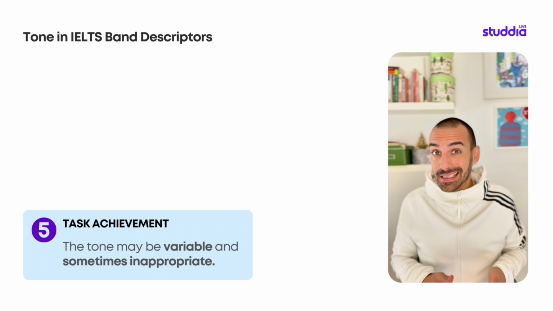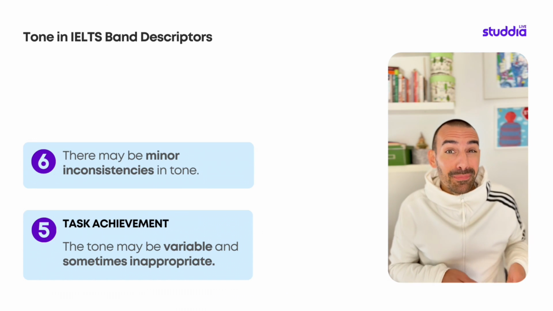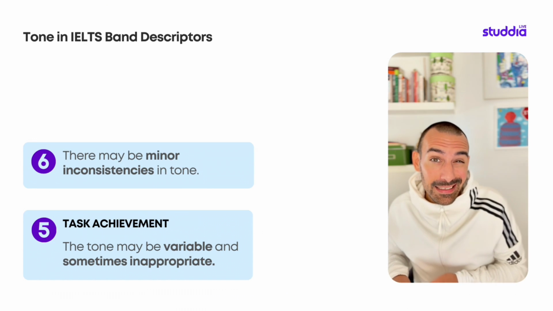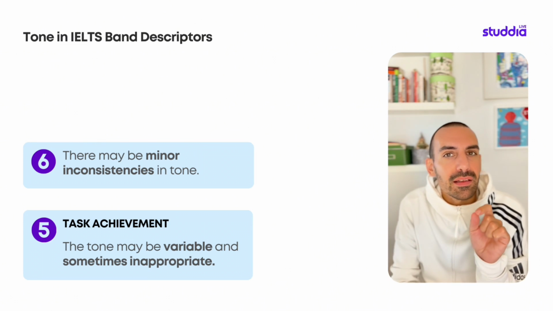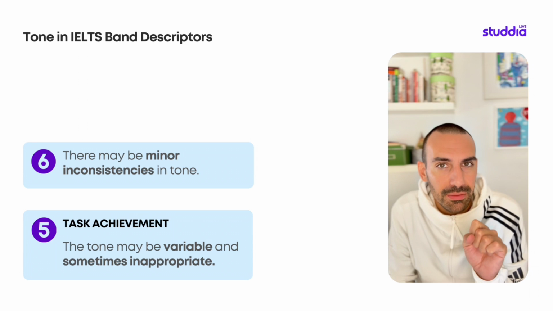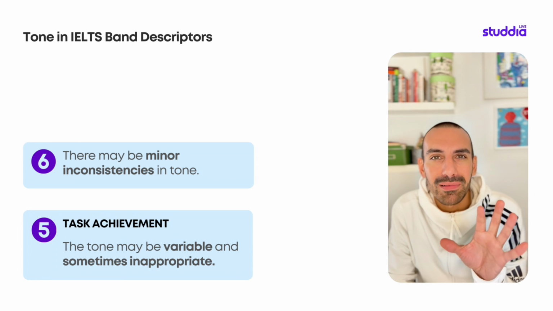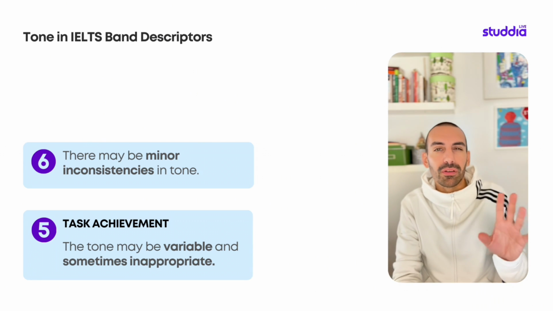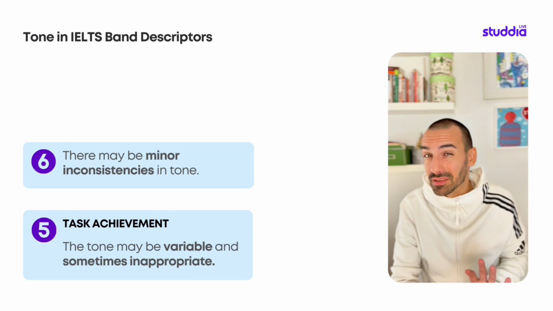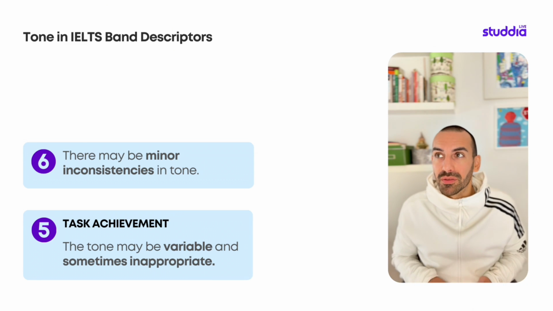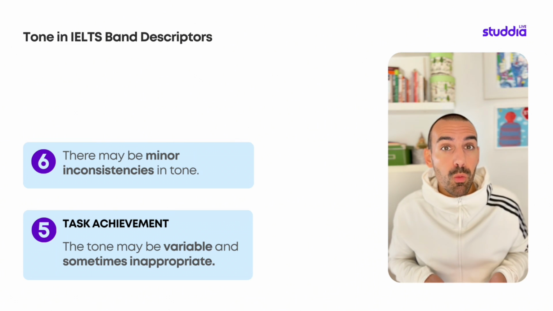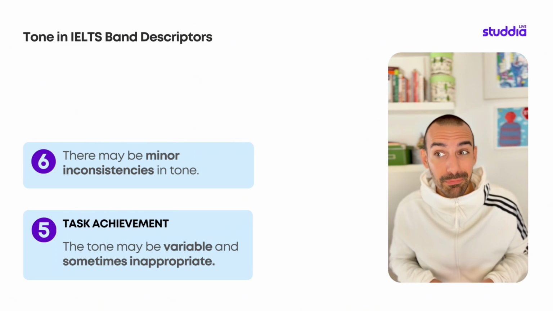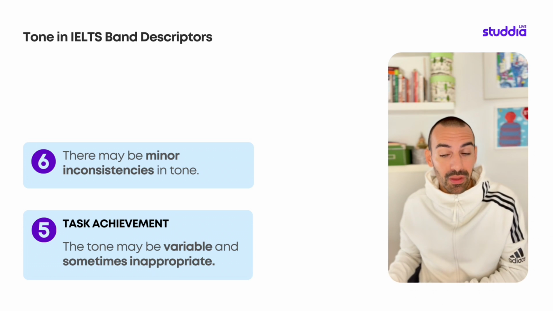For band 6, it says there may be minor inconsistencies in tone. That means that most of the time your tone is appropriate, but there are still small slips, maybe a phrase or a few words that don't quite match the situation. So, you see, to reach band 6, you need to show that you generally know what tone to use and you keep it mostly consistent.